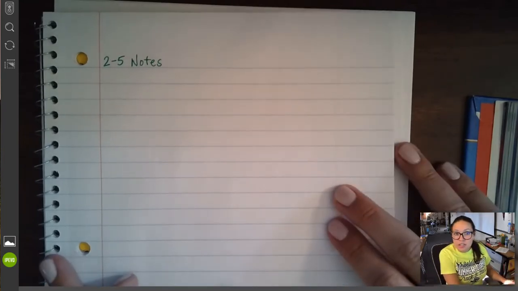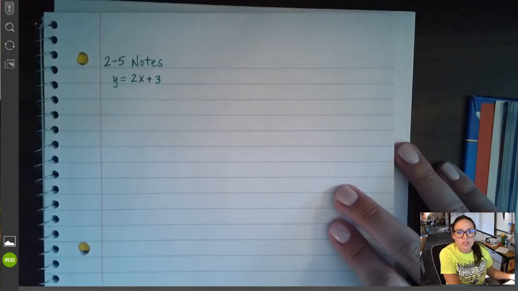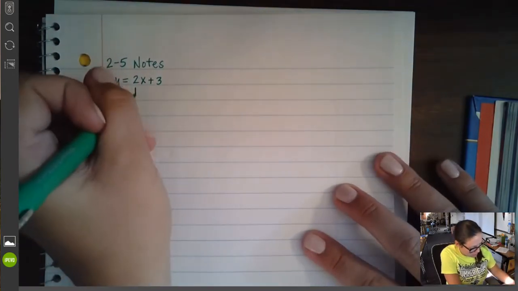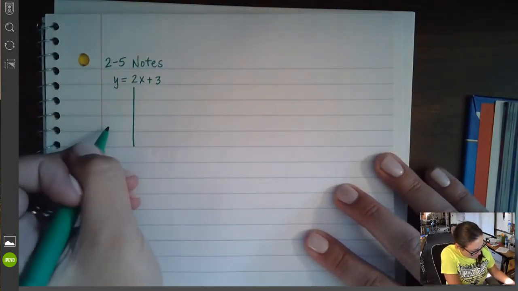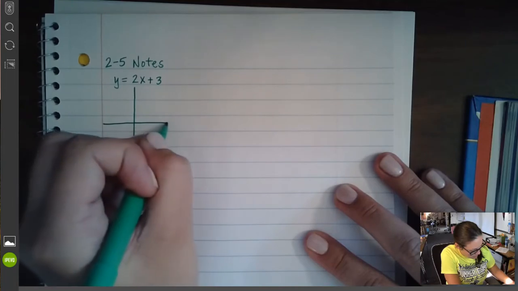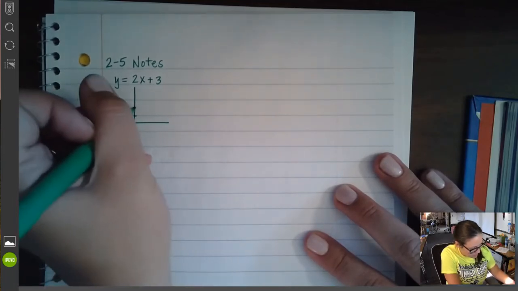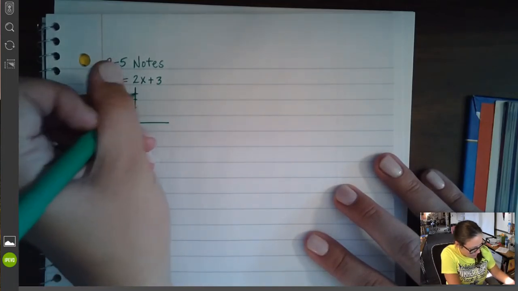So to start things off, we are actually going to graph this line right here. Y equals 2x plus 3. So I'm going to just keep it nice and small because we're actually going to do a few graphs today.